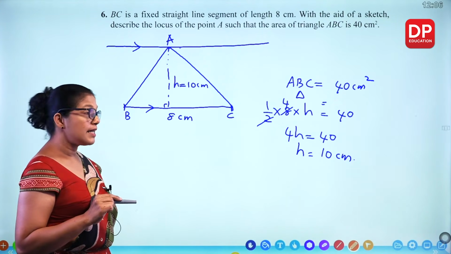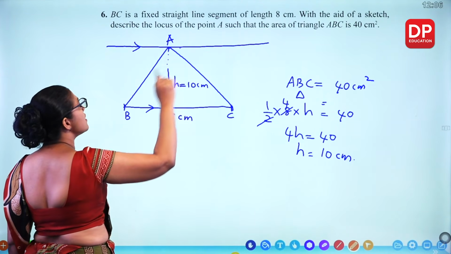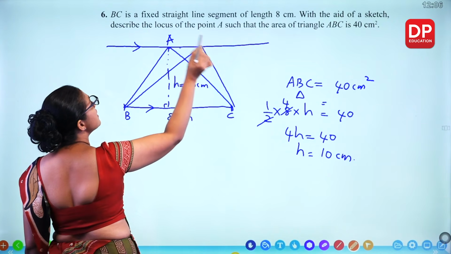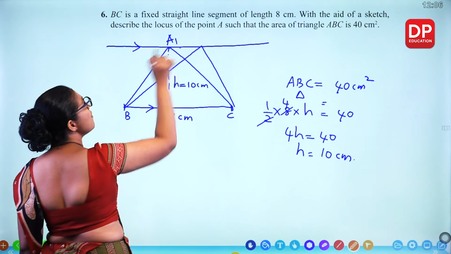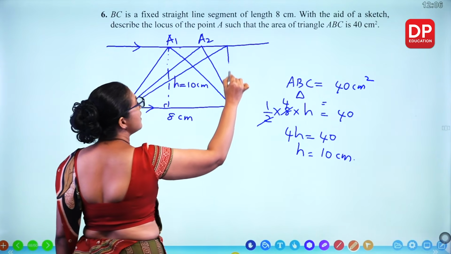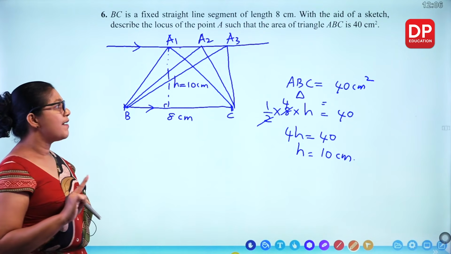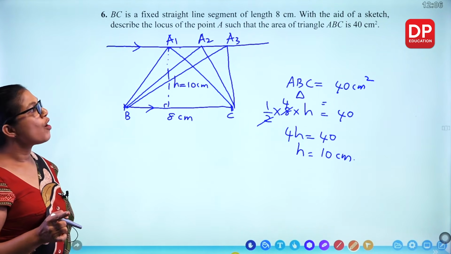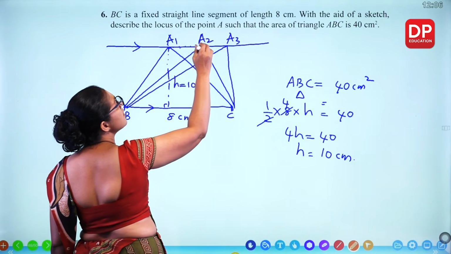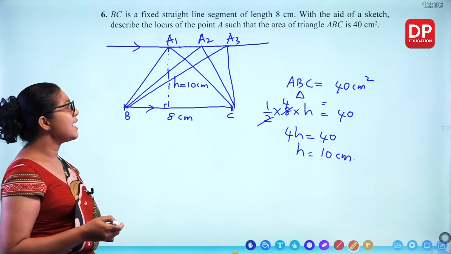According to the theorem, when you take any point on this straight line, you get same area. So this can be one point, this can be another point, and this can be another A point. And all areas are equal to 40 square centimeters. So what's the path of point A, or in other words the locus of the point A?